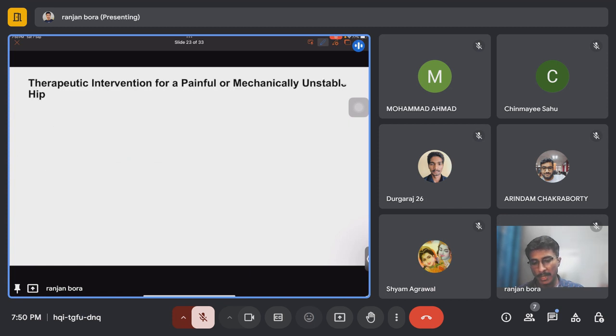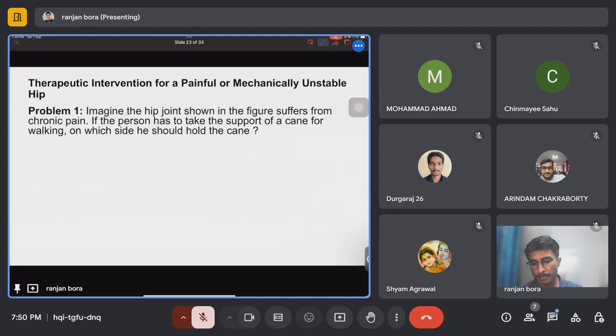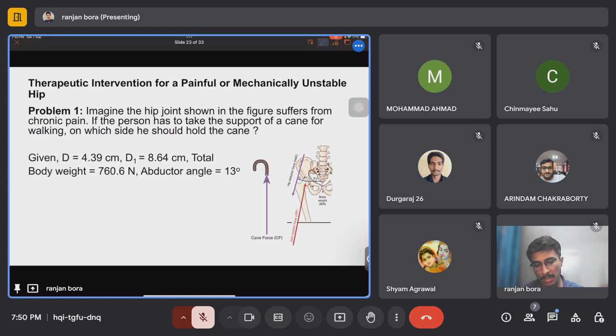Now we will solve some numerical problems. First, we'll solve one problem on therapeutic intervention for a painful or mechanically unstable hip. This is the question. The hip joint shown in the figure suffers from chronic pain. If the person has to take the support of a cane for walking, on which side should he hold the cane? These are some data which are given.